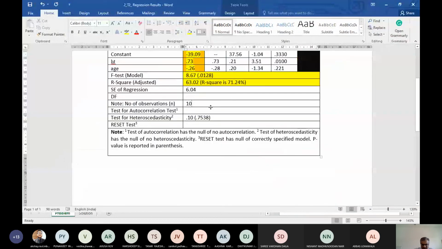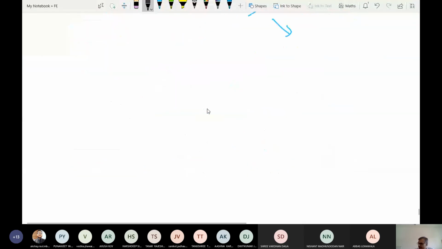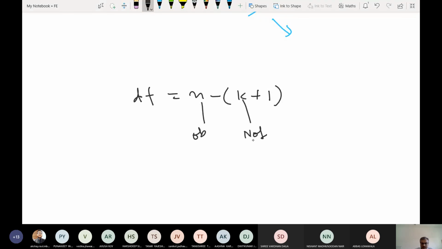I'll tell you the generic formula also. The generic formula for degree of freedom is n minus k plus 1. Please note down: n is the total number of observations, and k is the number of independent variables.